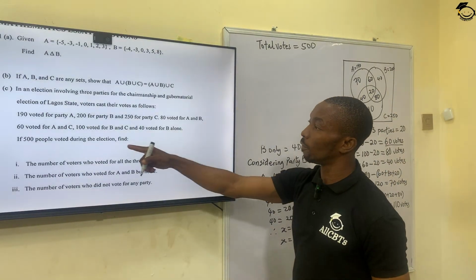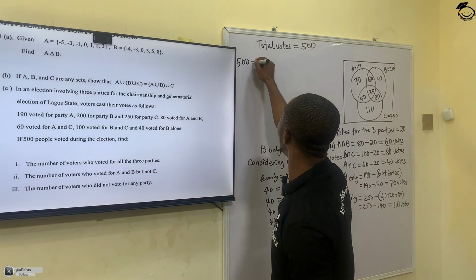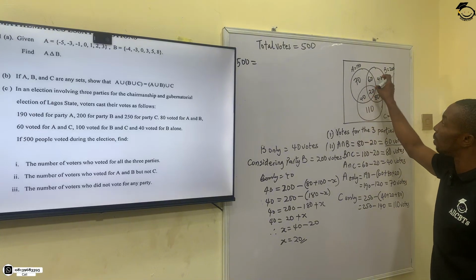All right, number of voters that didn't vote for the party, we would have it as our total number of votes, which is 500. 500 equals the summation of all these numbers.